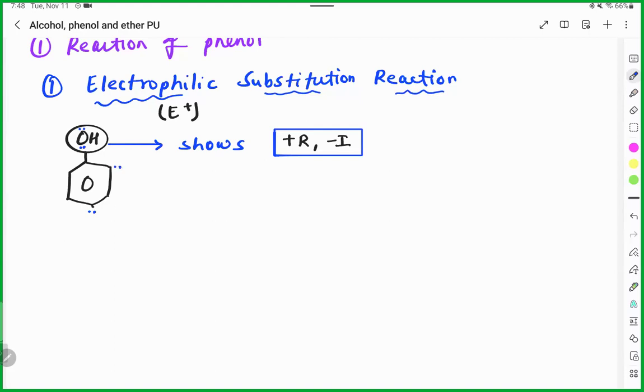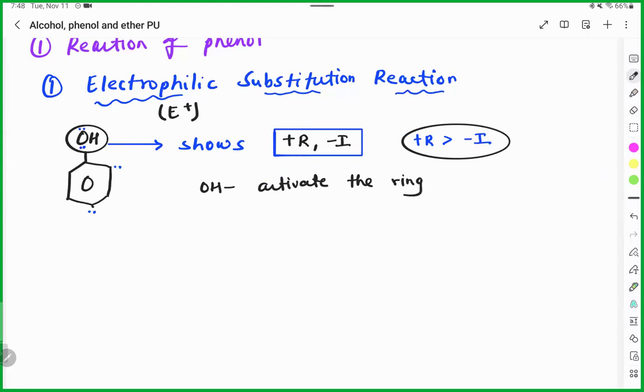Resonance effect is always way stronger than the inductive effect. It means this OH group will activate the ring for electrophilic reaction, because now electrons will be available on the ortho and para positions.